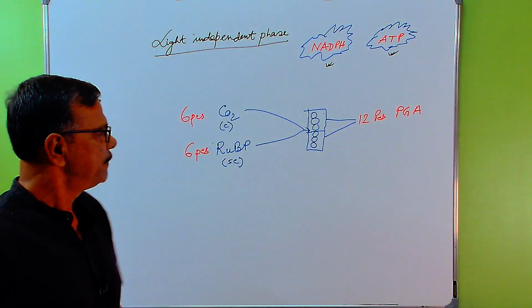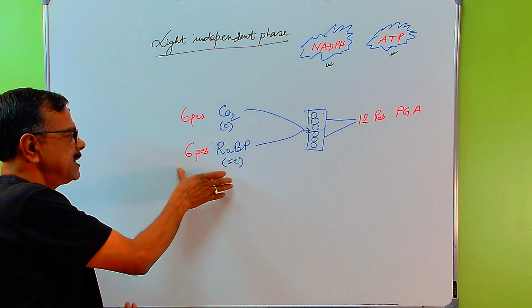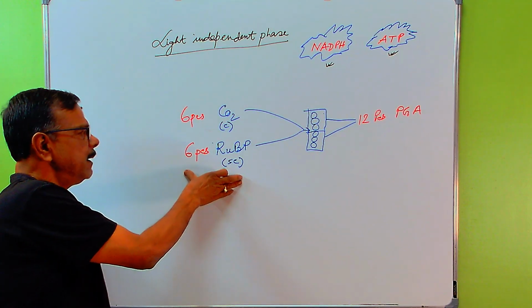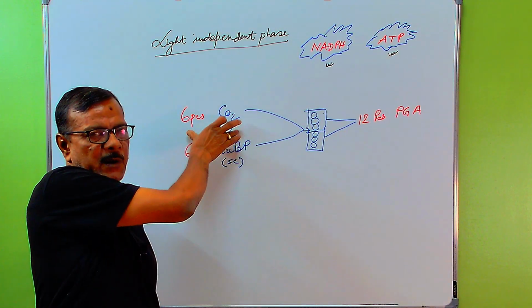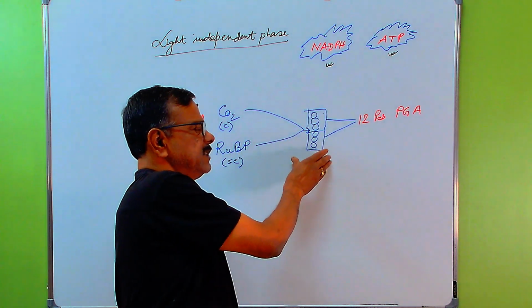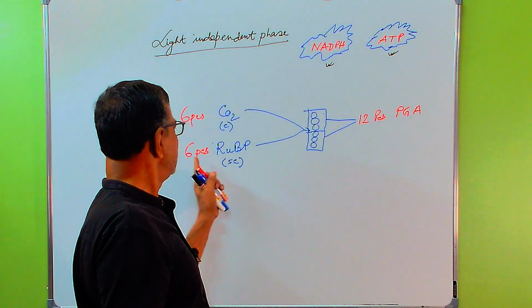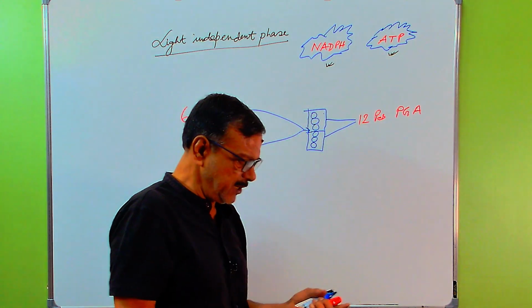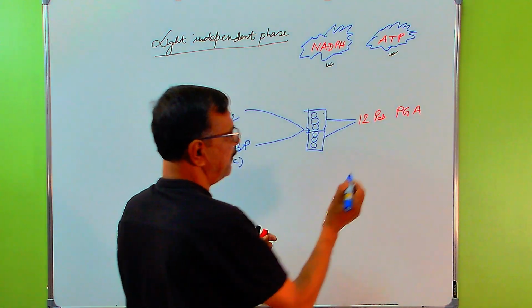Clear up to this? So I have taken 6 pieces of RuBP and 6 pieces of carbon dioxide, which unite to form a compound that is unstable. Immediately 12 pieces of PGA are produced, each containing 3 carbon.